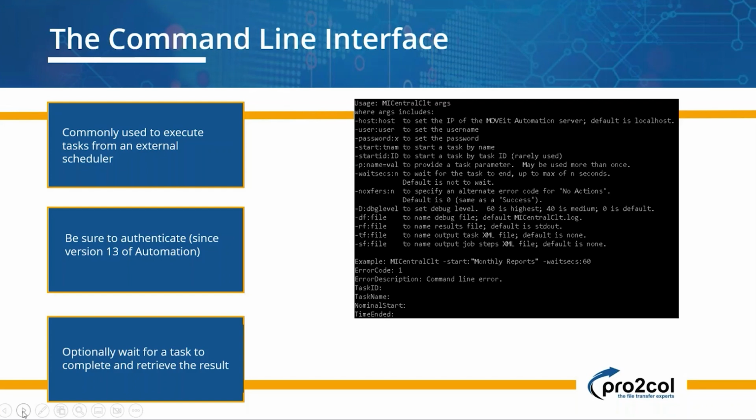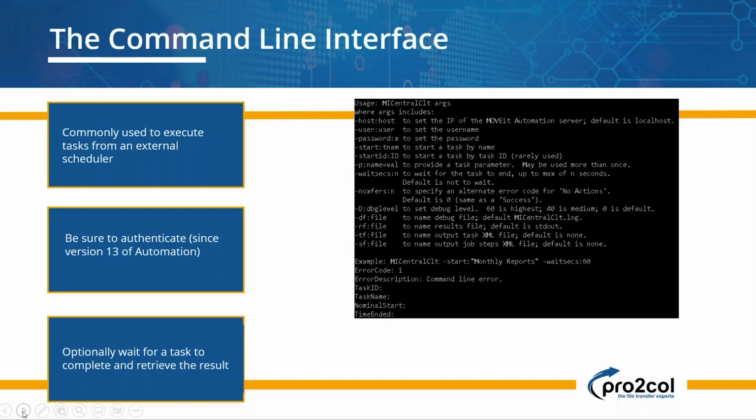Now, in version 13 of MOVEit Automation, it became necessary for users to authenticate themselves when they log in to MOVEit Automation. That holds true for the API as well. So when you're using the command line interface, you have to authenticate, you have to give it a username, have to give it a password as well.